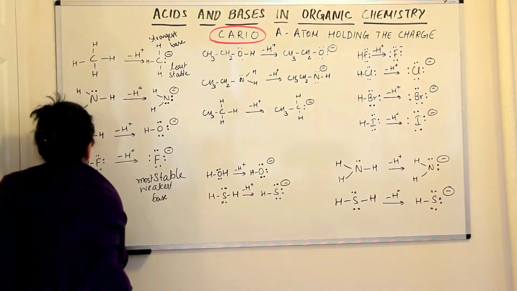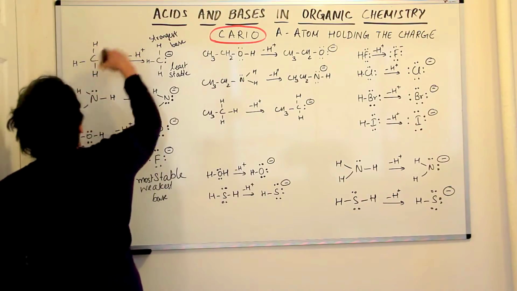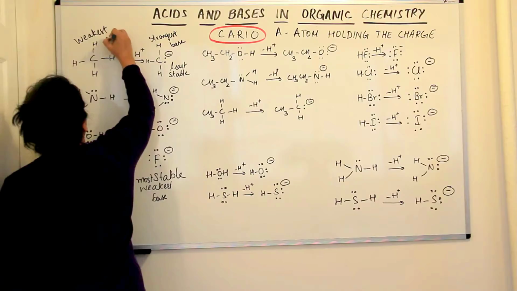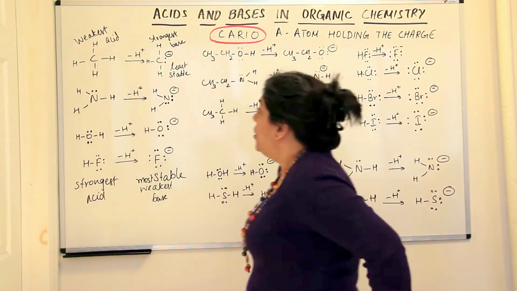So HF would be the strongest acid, while methane would be the weakest acid. I hope I'm clear. Now, what did we do?